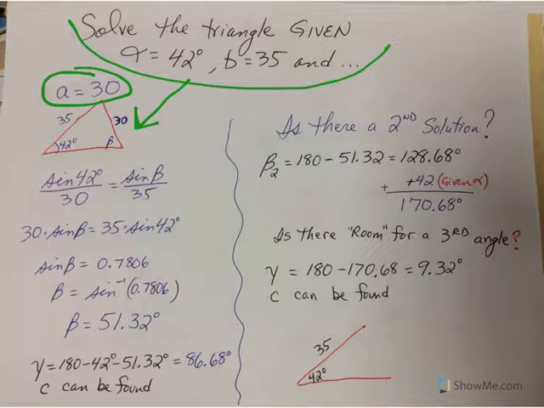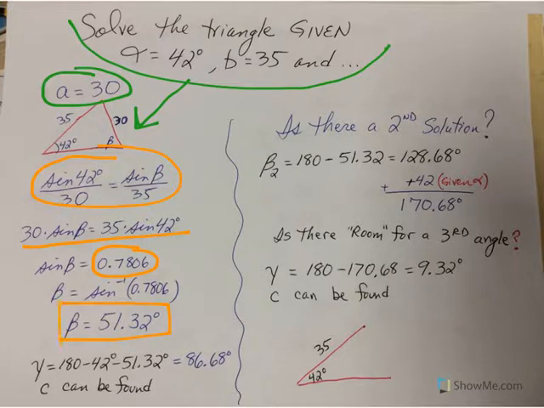This is a situation where there's more than one solution. Okay, so I set up the law of sines the same way I did in the previous example. I cross multiply to get this, divide both sides by 30 to get this decimal. I do sine inverse of both sides, it spits out this angle here.